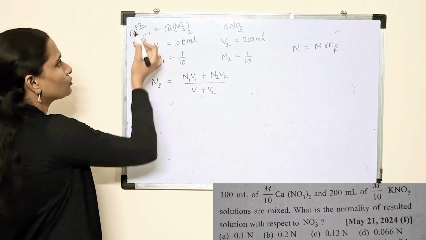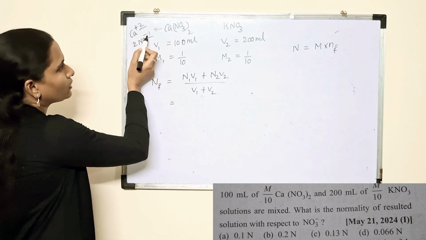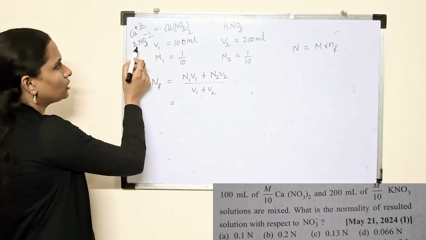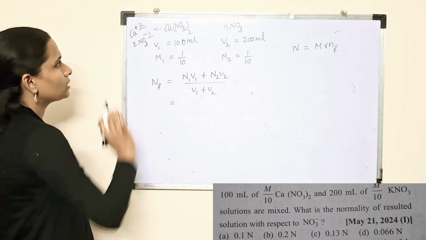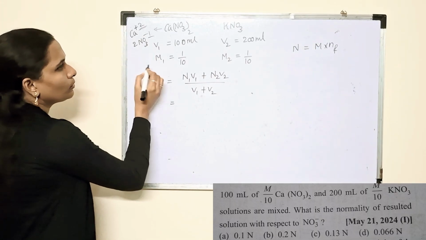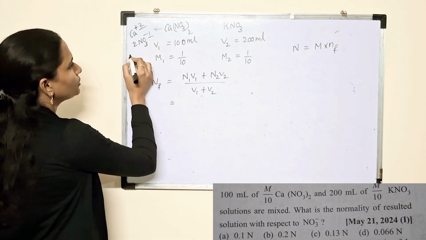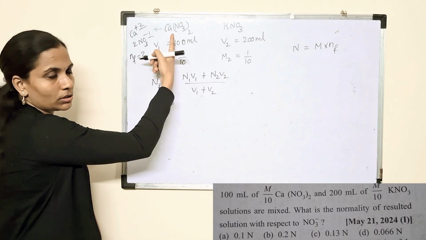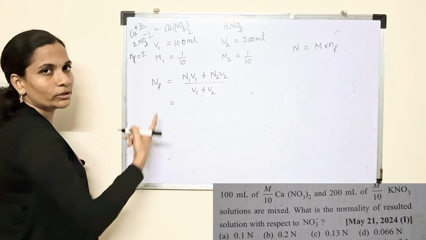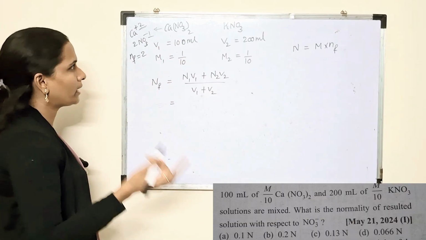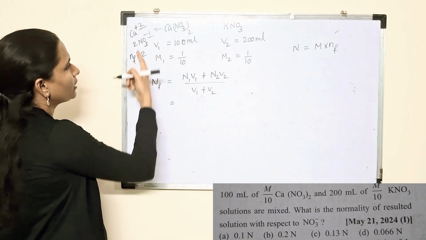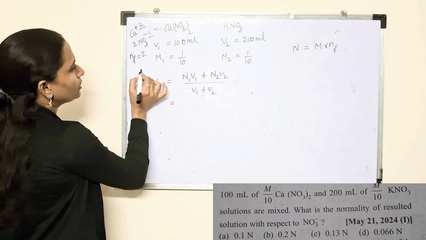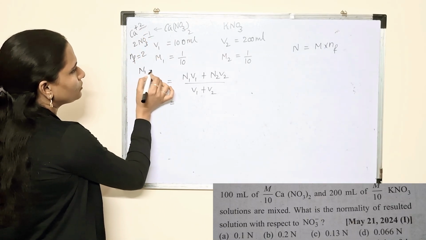So cation is 2, and anion, for 1 ion it is 1 only, but 2 ions are there, so there is 2 charge. So what is the n factor for this? It is 2. Why? Because it is a salt. The n factor for a salt is equal to the charge on the cation or anion. So the charge on the cation or anion is 2.